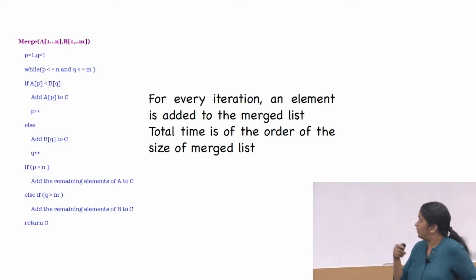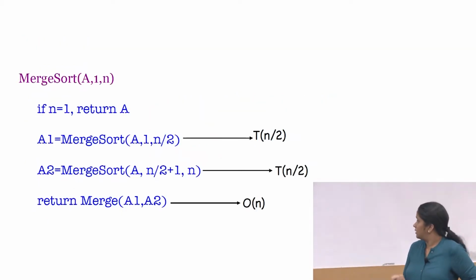At every iteration an element is added to the merged list. So the running time will be the size of the merged list. Once an element is added to the merged list, you are not deleting it or coming back to it. So this gives the running time of merge as order of the size of the merged list, therefore order of n.